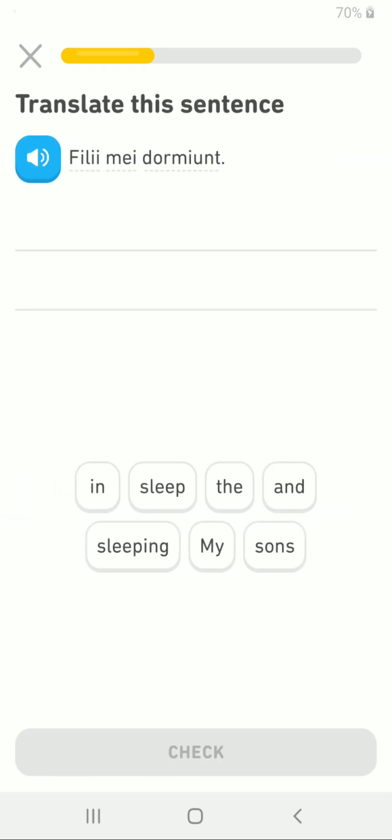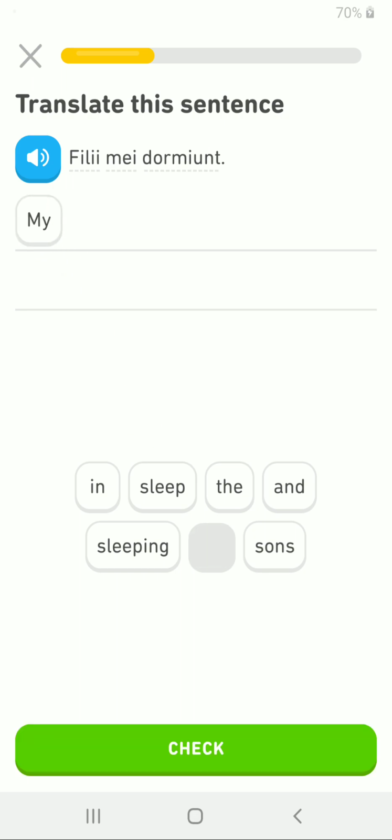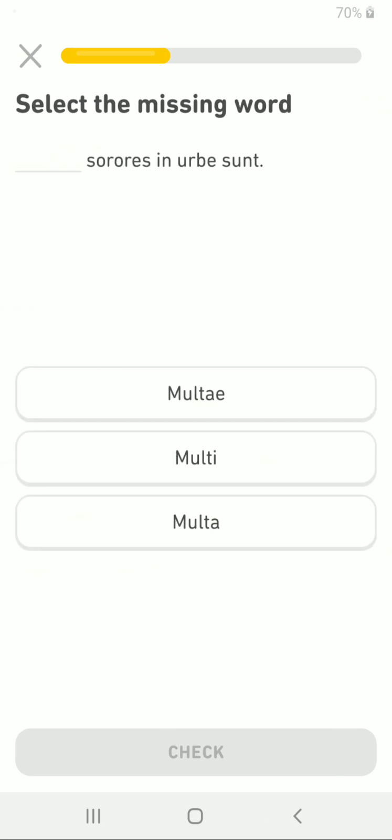What else? Filii mei dormiunt. So my sons sleep. And sorores in urbe sunt. Well, here we have to find the right many. So many sisters are in the city.